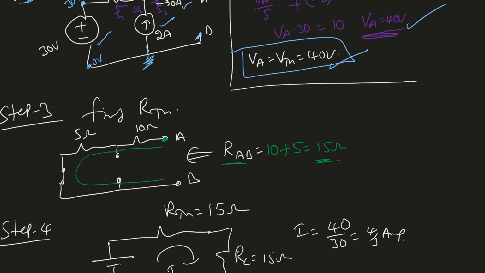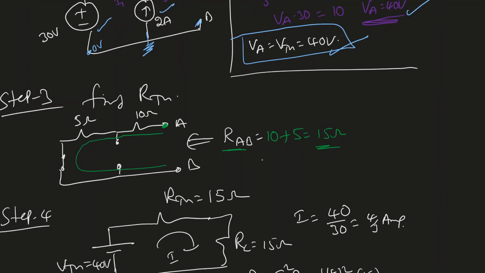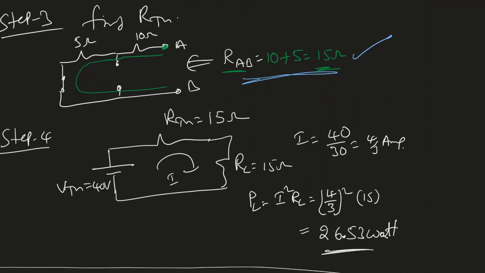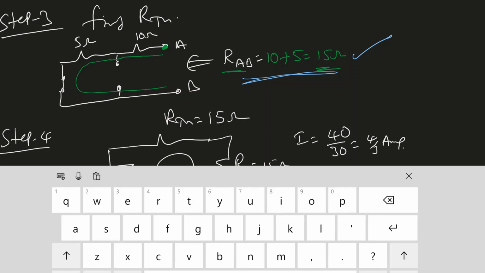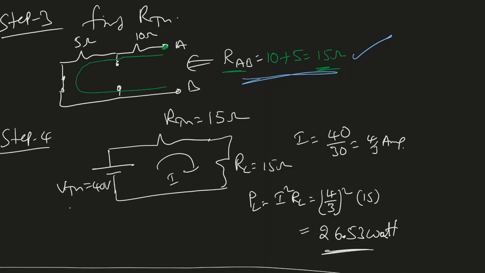If there is a dependent source, keep it as it is and connect a 1 ampere source between the AB terminals and find VAB, then you can find RAB. Here my RAB is these two resistors in series, simple, that's 15 ohms. Step 4, write down the Thevenin equivalent circuit: V Thevenin equals 40 volts, R Thevenin equals 15 ohms.